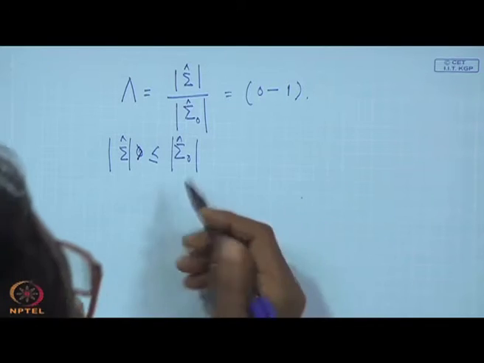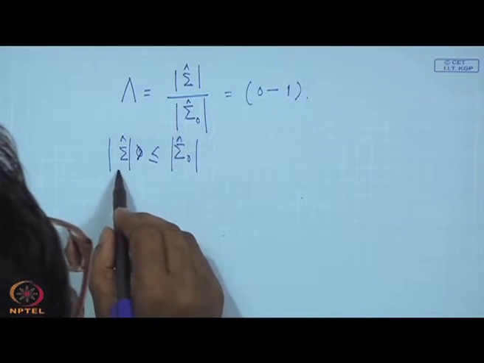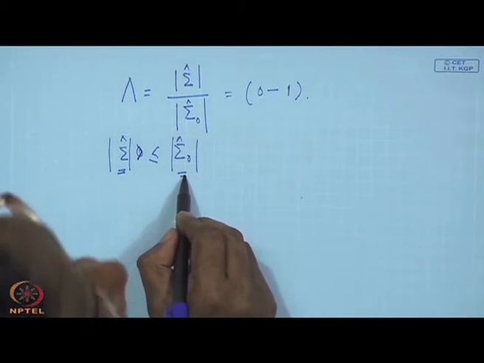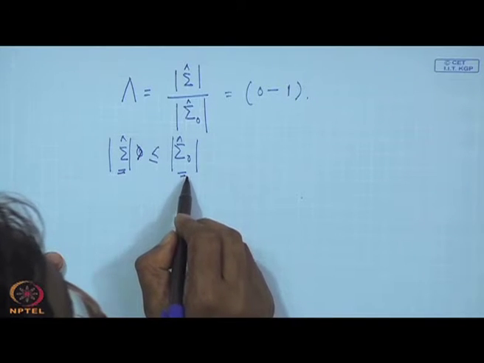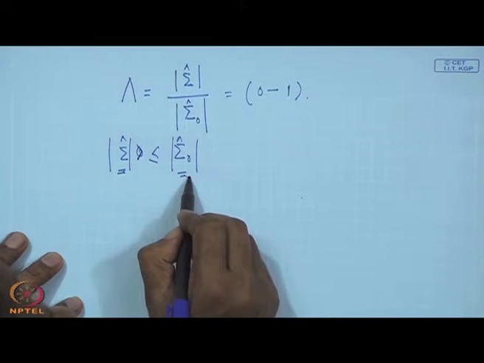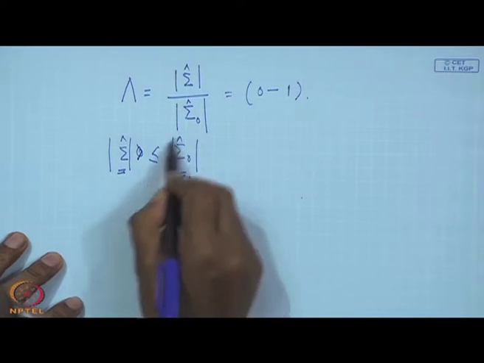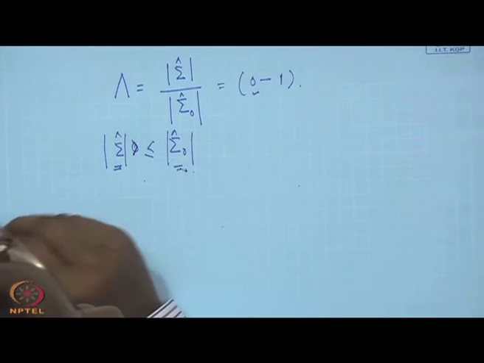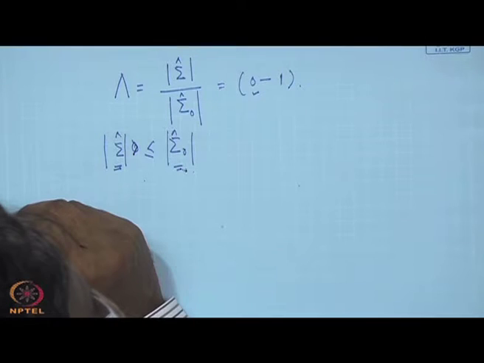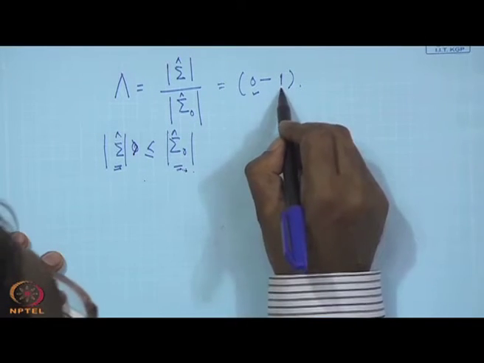So, now what will happen if this value is sufficiently small, much lower than this value? It will be close to 0. If both are equal, it will be close to 1.